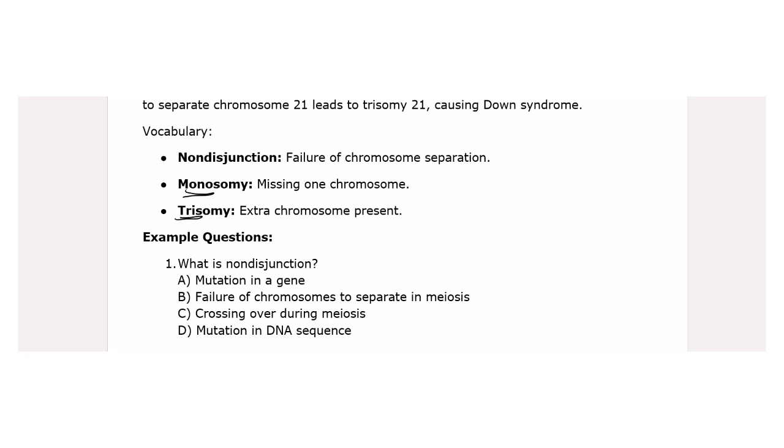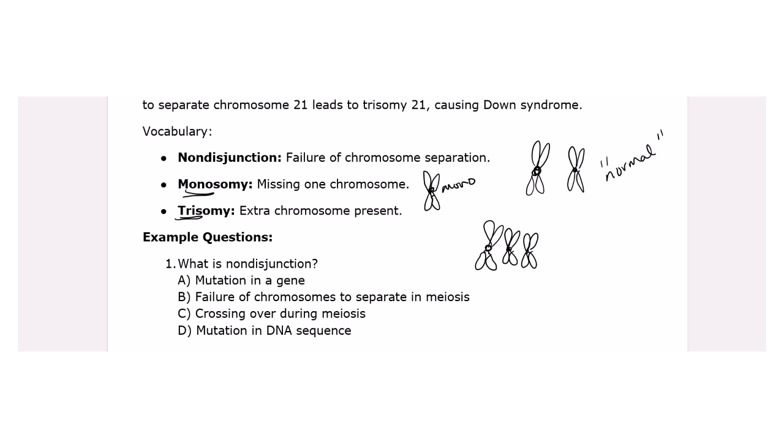So if you have the normal amount of chromosomes, you're going to have 2 chromosomes. If you're a monosomy, you would have what? 1. And if you're tri, you would have what? 3.